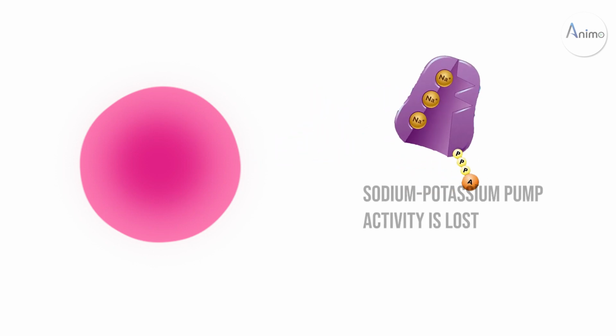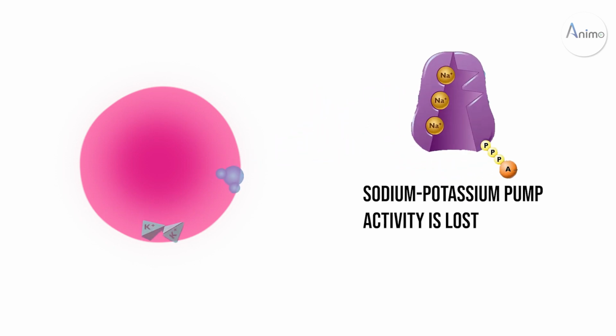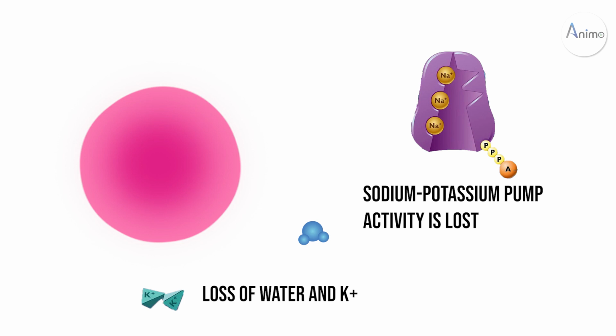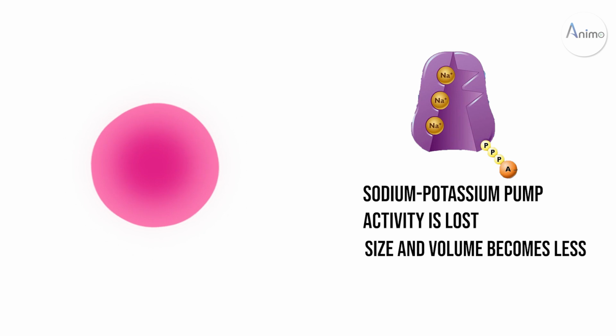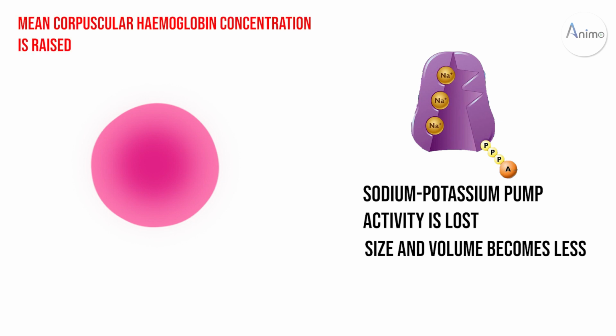Due to the structural defect in the membrane of these spherocytes, the normal sodium-potassium pump activity is lost, which causes the loss of potassium and water from these cells. As a result, these RBCs become shrunken and their size and volume become less. But the normal amount of hemoglobin is the same, so the mean corpuscular hemoglobin concentration (MCHC) is raised.